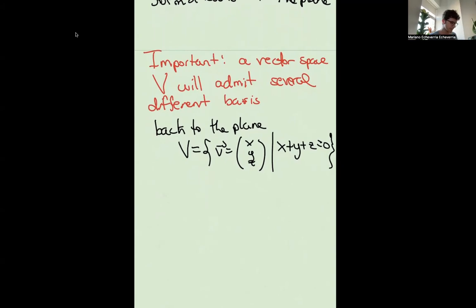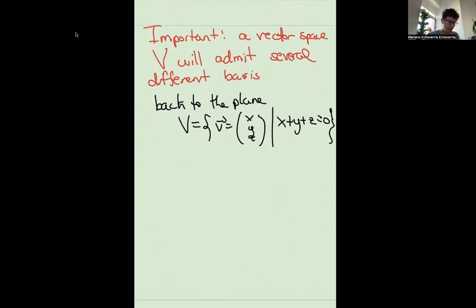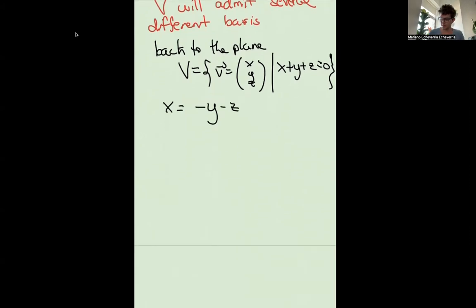So for example, we can solve here for x. And so now x is minus y minus z, right?